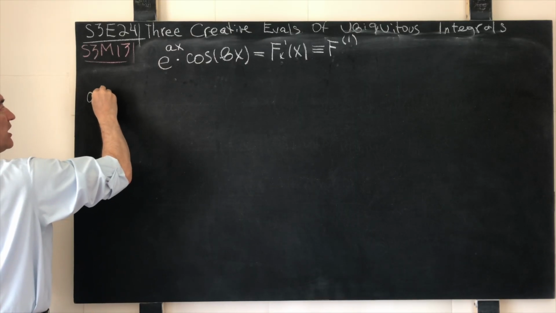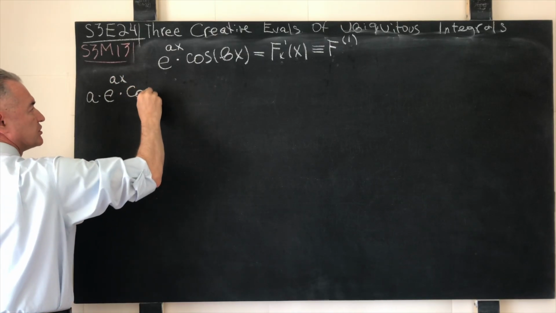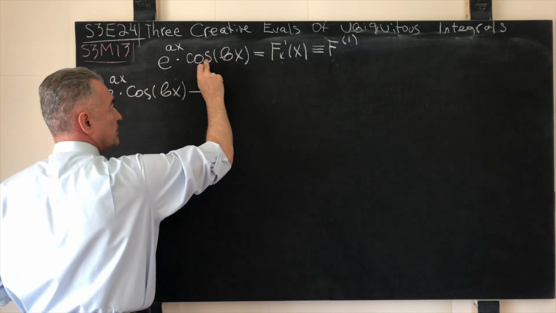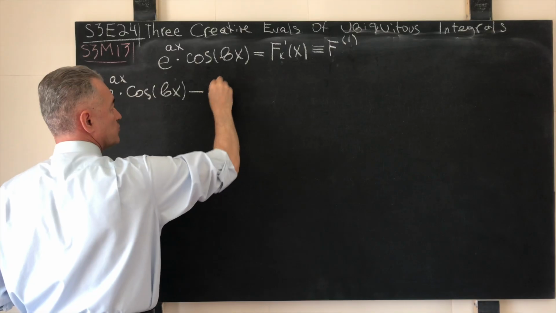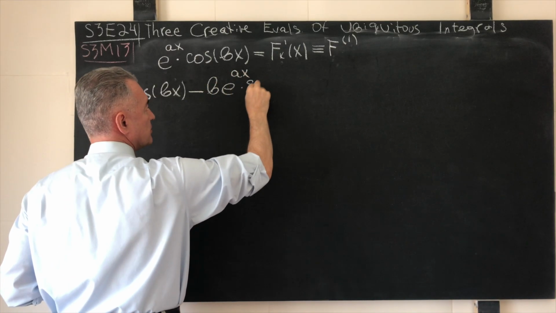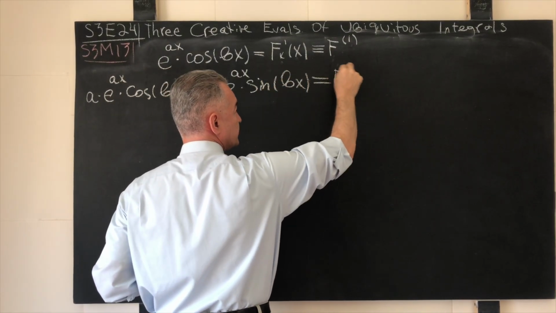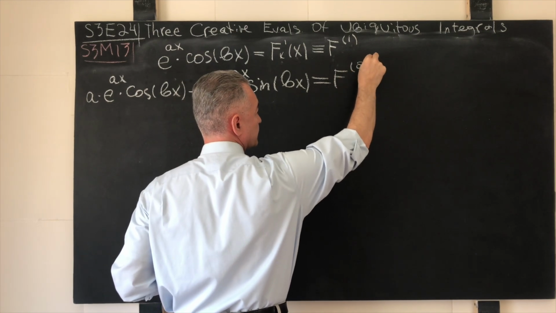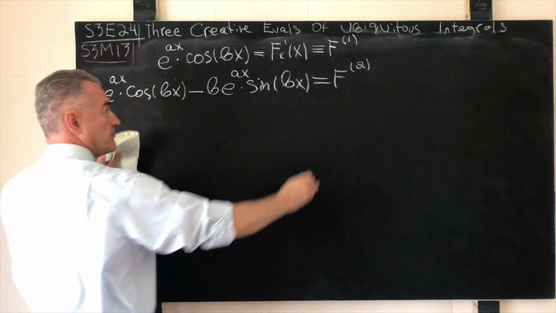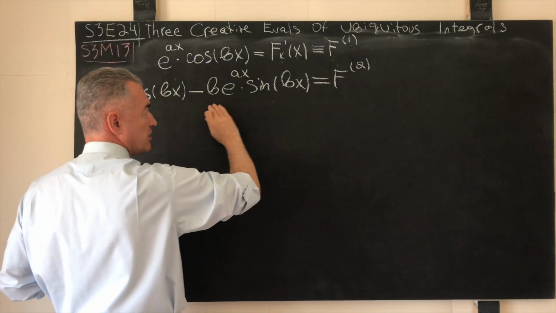It will be a times e raised to the power ax times cosine bx minus the first derivative of cosine bx, so it will be b e raised to the power ax times sine of bx, and this is equal to the second derivative. You see, the first derivative of the first derivative is the second derivative, and right away we use this expression, this relation, let's say, to capture this guy, the monkey in the middle.